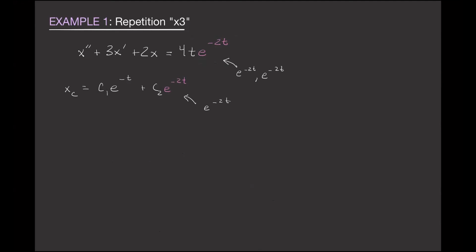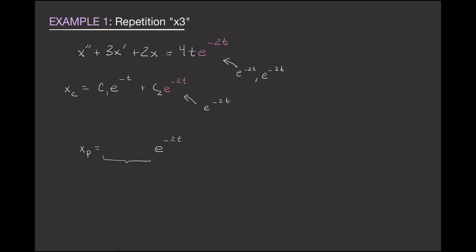Once you've counted, and I think I said in a video, quoted it, or said that it was a pseudo number, I can't remember exactly, but it's a count where you do this adjustment here. Then what you do is you take your particular candidate, and what you usually would do if there was no repetition, you say, okay, well, it would be just e to the negative 2t, and then we multiply it by something.